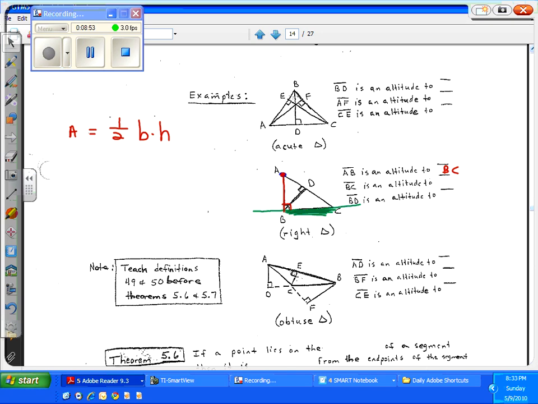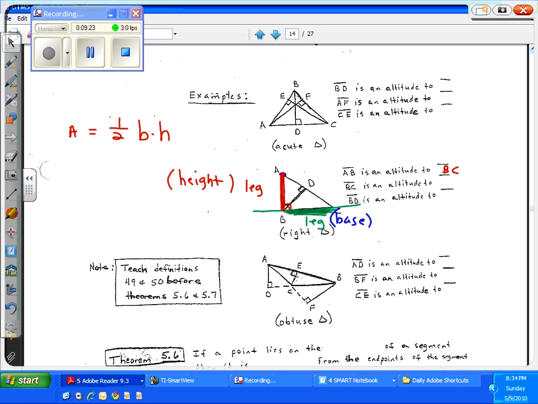Well, the height is the altitude to that base BC. So this leg of that right triangle becomes the height that goes with this other leg of the right triangle. So this leg is the base or the bottom. When that leg is the base or the bottom, then this other leg is the height or the altitude.